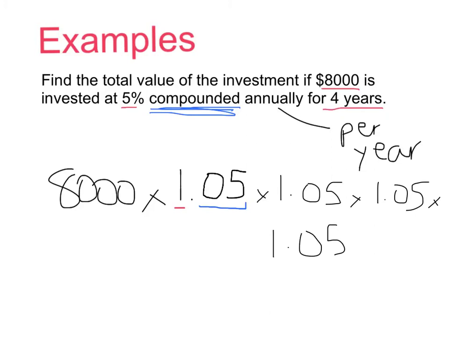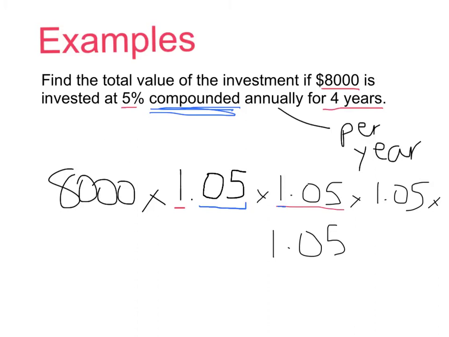So 8,000 multiplied by 1.05 will get me 8,400, and then when I move on to the next one, I'll be multiplying 8,400 by all of itself plus another 5%, and so on and so forth. But to me, that actually looks a little bit dodgy: 8,000 multiplied by 1.05, 1.05, 1.05.